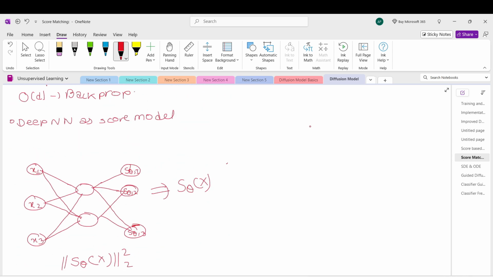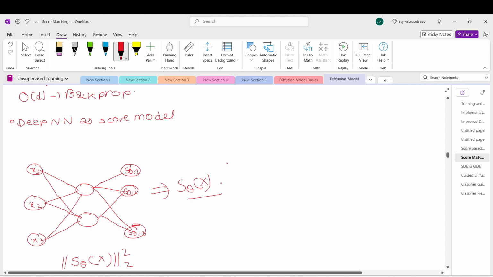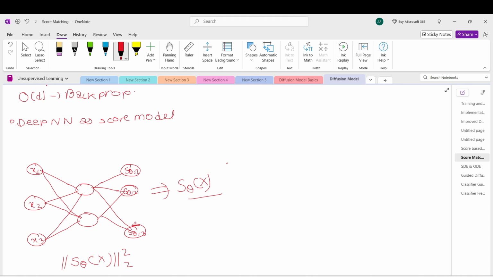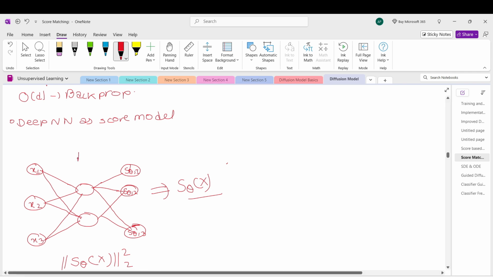So this is your neural network. You can just calculate this quantity. This is a neural network. It takes the same dimension input and gives the same dimension output. So we have three inputs and three outputs, so this is R^D to R^D.